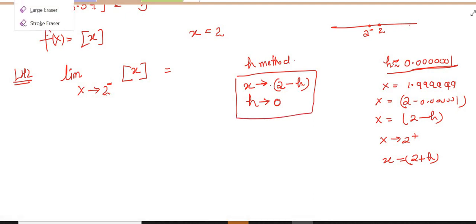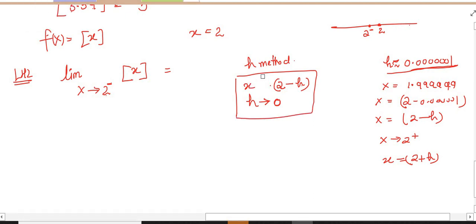Okay, we write x as 2 minus h. Listen carefully, because in coming questions we will directly replace it. I will not explain again what is the meaning of h. h is a very tiny number which is used to represent 2 minus or 2 plus or 3 plus or 3 minus.